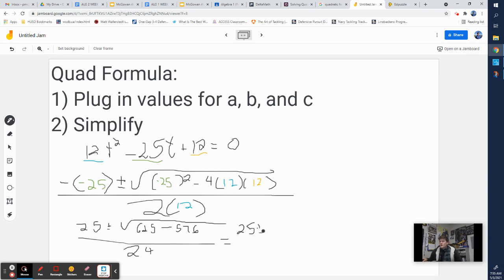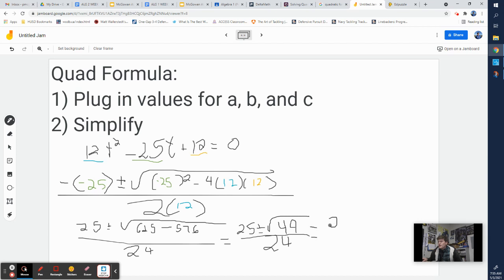What's 625 minus 576? Use that calculator. 625 minus 576. Oh, 49. Nice. It's going to turn out clean, guys. That's what we like. Because square root of 49 becomes 7.